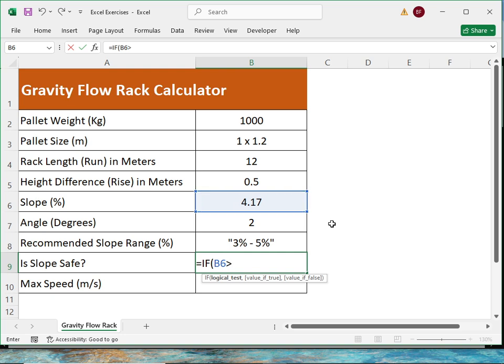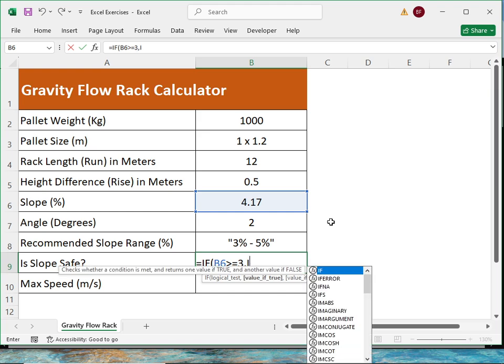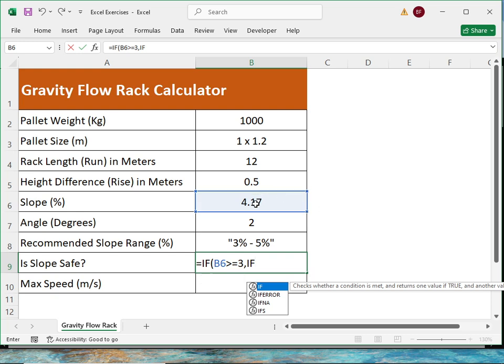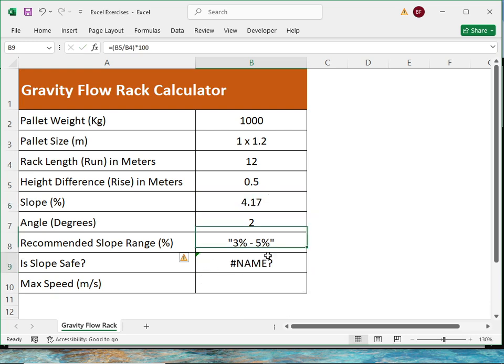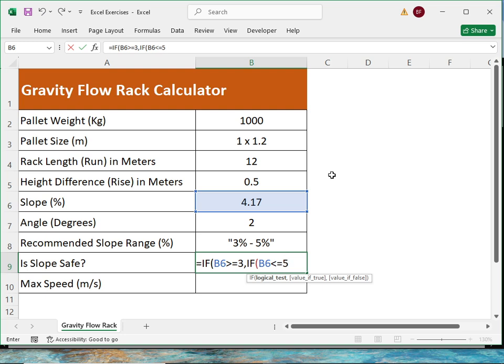B6 is greater than or equal to 3%, and again another IF, B6 is less than or equal to 5%. Then comma, then it should be yes, safe.